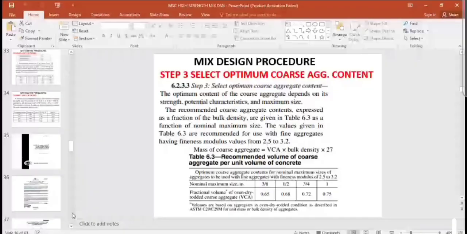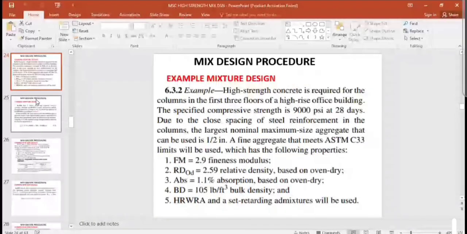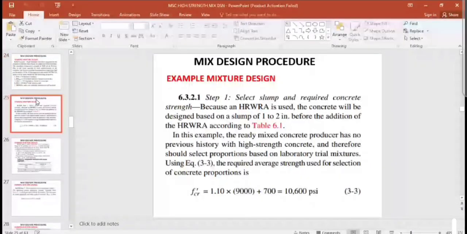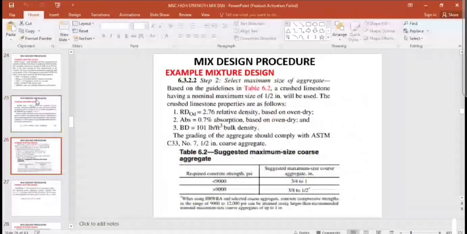So if we see in the question, our volume fraction is 0.68 by table 6.3, and it is being multiplied by the bulk density that is provided to us as 101 point something of coarse aggregate particularly, and then multiplied by 27.